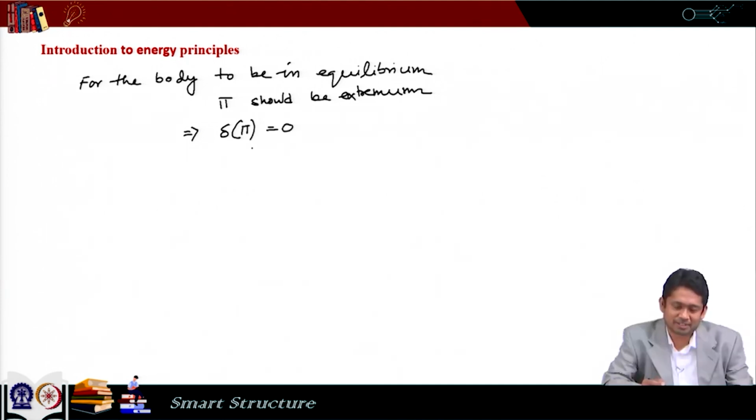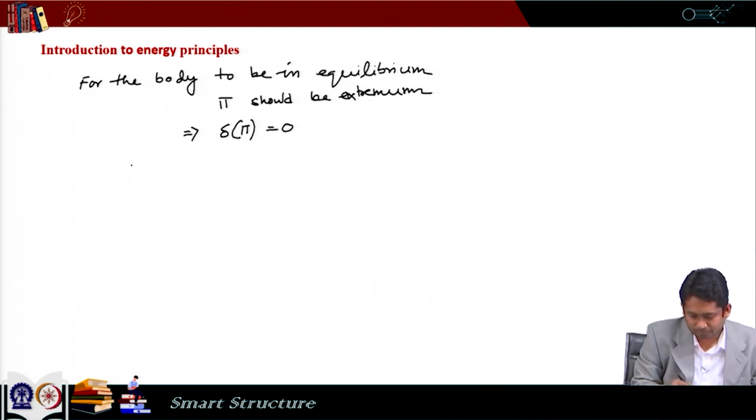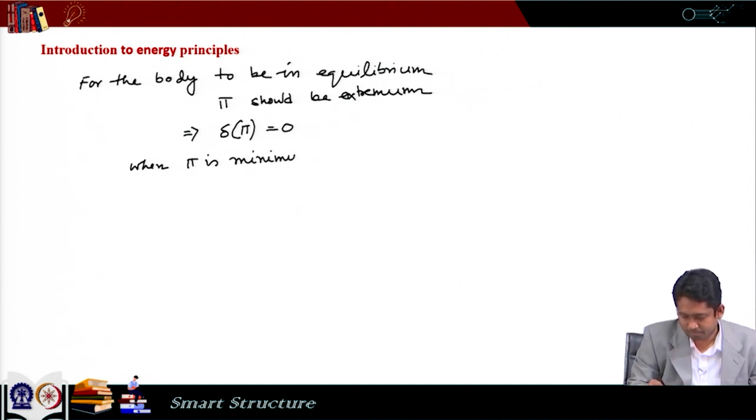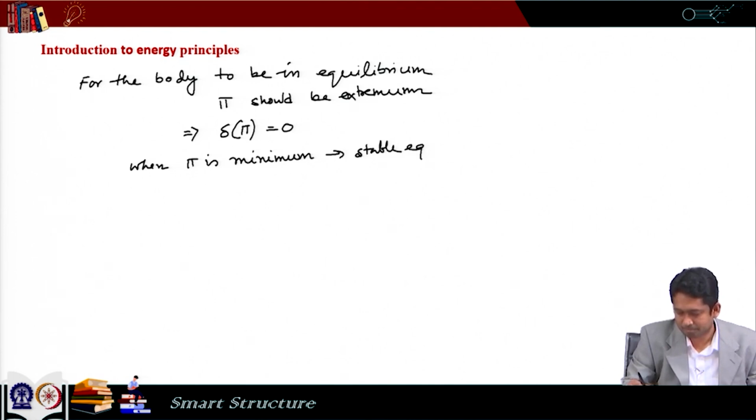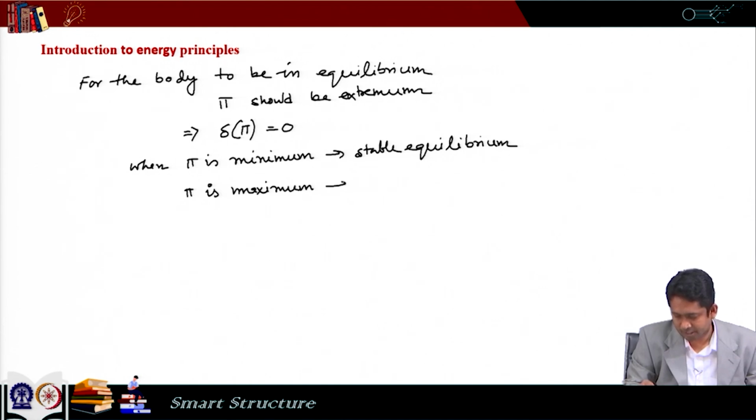The u, v and w should be such that the variation of Pi is 0, which means it is an extremum. Now, when Pi is a minimum, it means it is in stable equilibrium. And when Pi is a maximum, this means that it is in unstable equilibrium.